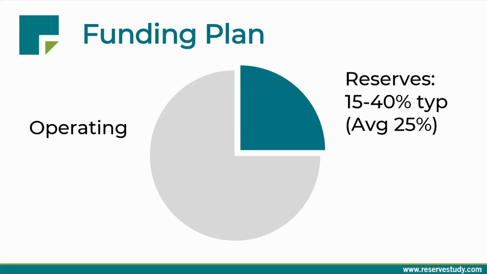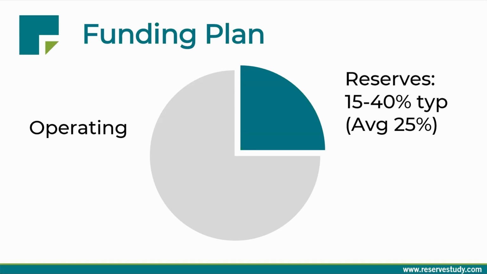What I can tell you in summary, and this is a good takeaway, is that what we find in all the reserve studies that we've done is there's a pretty nice little thumbnail summary that reserve funding typically needs to be 15 to 40% of the average association's budget. If you want to have a visual, I made this 1/4 here. It's typically a little bit more or a little bit less than the 25% point.